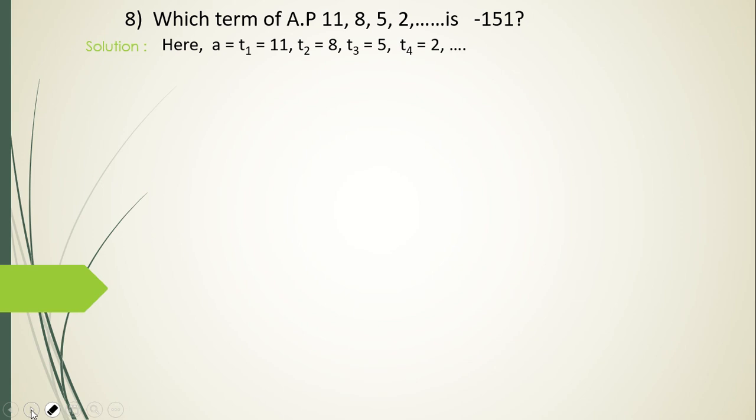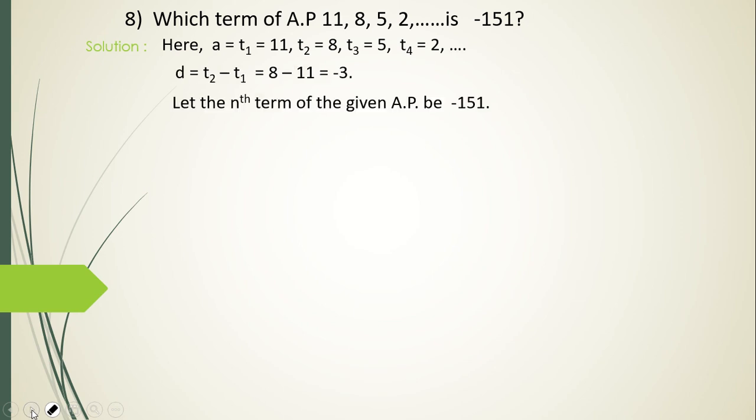Here T of 1 is 11, T2 is 8, T3 is 5. So we find the difference, T2 minus T1, and get minus 3. Let the nth term of the AP be minus 151. Therefore T of n is minus 151. Now just put the values in the formula. A is 11, n minus 1.